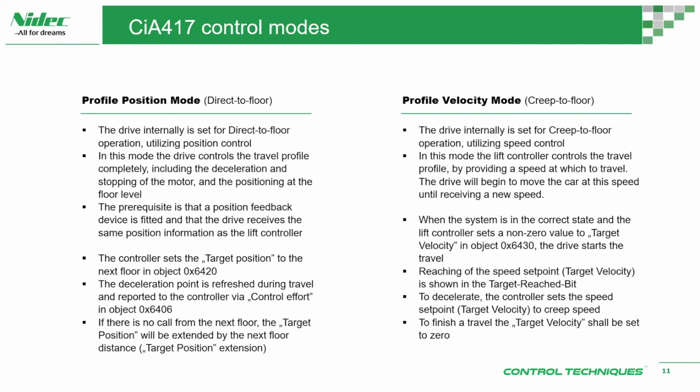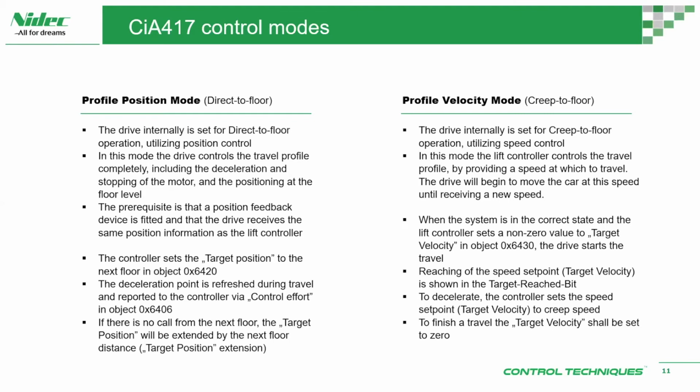The deceleration point is constantly refreshed during the travel and reported back to the controller via the control effort object 6406. And if there are no calls from the next floor, then the controller can update the target position, extending it to the next floor and basically creating a target position extension, so the travel carries on.